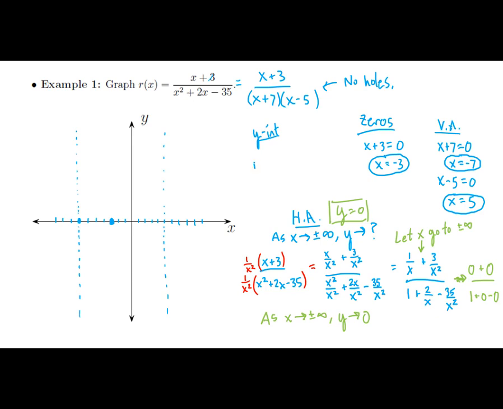So the y-intercept is when x is 0, so we plug 0 in for x, so that's going to be 0 plus 3 divided by 0 squared plus 2 times 0 minus 35, which just gives me -3 over 35. So what does that tell me? That tells me that when I cross the y-axis, I'm at -3/35, which is basically right here.